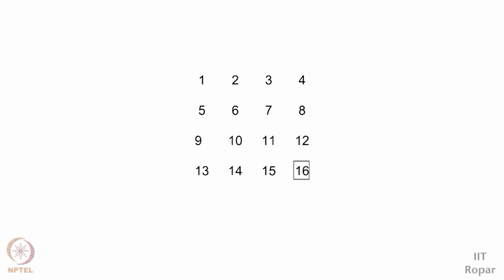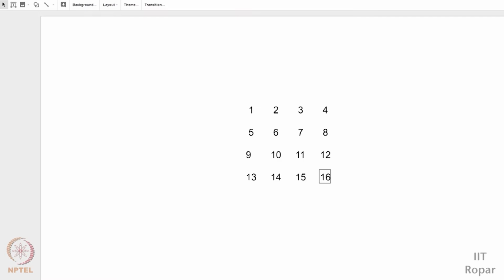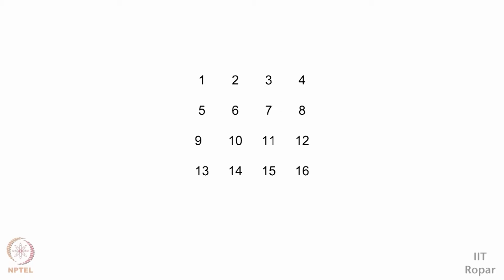We are going to print the elements of this matrix in a different order, which is a spiral order. Let's see what I mean by the spiral order. Suppose I have the same matrix. I'll start with 1, the first element. I'll print all the elements of the first row, which is 1, 2, 3, 4.